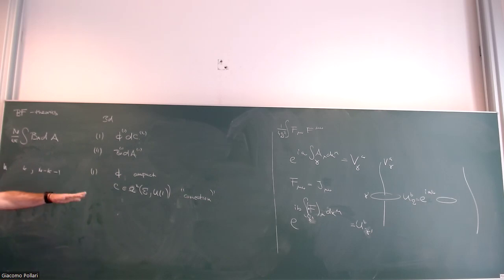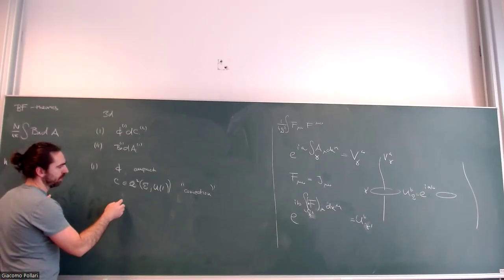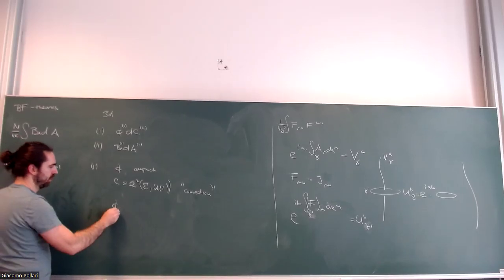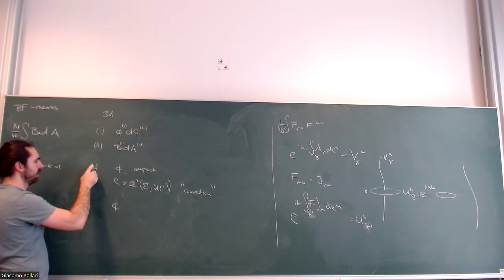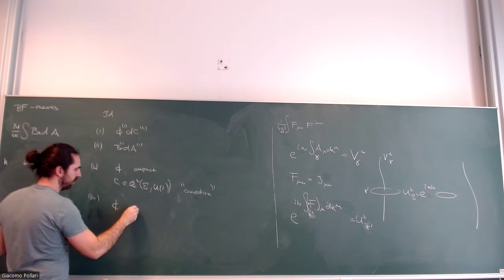They're not really connections, right? They're two forms, but they have one form gauge symmetry, so they're Chern connections. Or they can be both valued in reals. So this is one A and one B, can be compact or real.